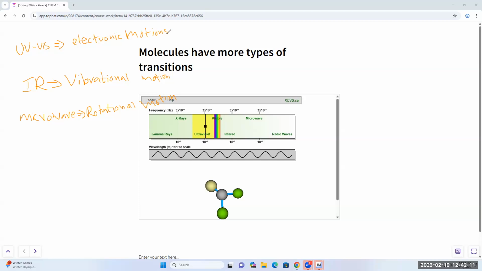All of this spectroscopy can be explained using quantization of energy, just like electronic energy levels are quantized. The vibrational energy levels and rotational energy levels are quantized as well. When it comes to rotational energy levels, those energy gaps fall within the energy of microwave radiation, and that's why microwave radiation can induce rotational transitions.